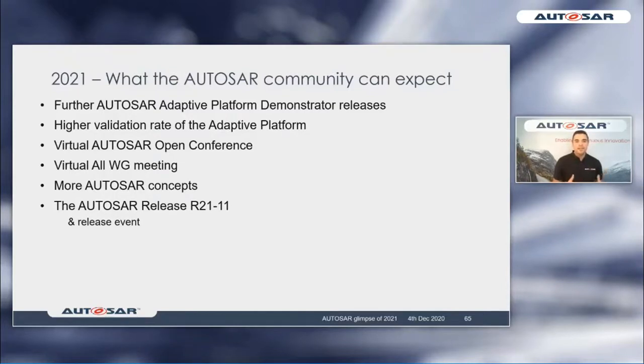We will have, of course, hopefully more concepts coming in, but it's also very important to increase the validation of the adaptive platform. The validation of the adaptive platform can be done by several approaches. The easiest way is that suppliers come to us and say, we implemented this concept, we implemented this specification, we implemented these two specification items, and it worked for us.